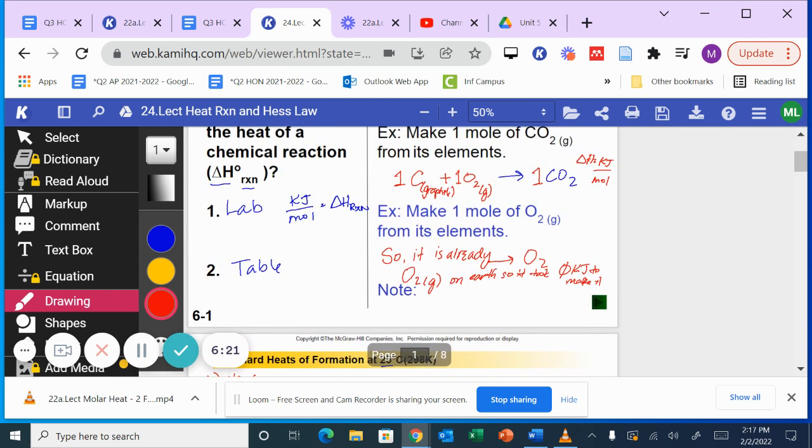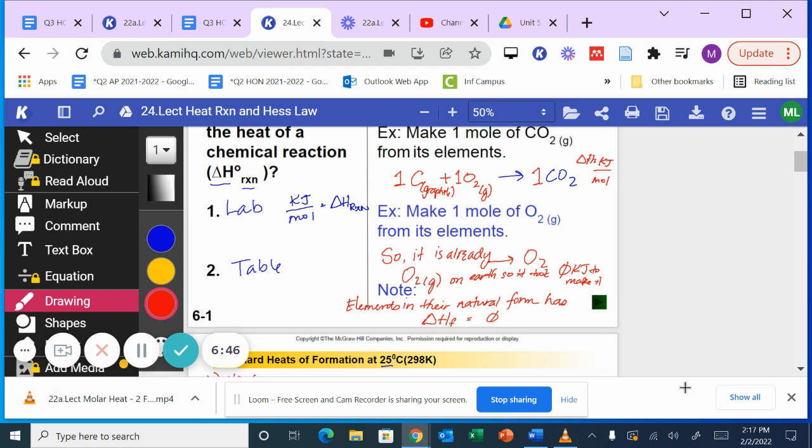Okay? So note, elements in their natural form have delta H of formation equal to 0.